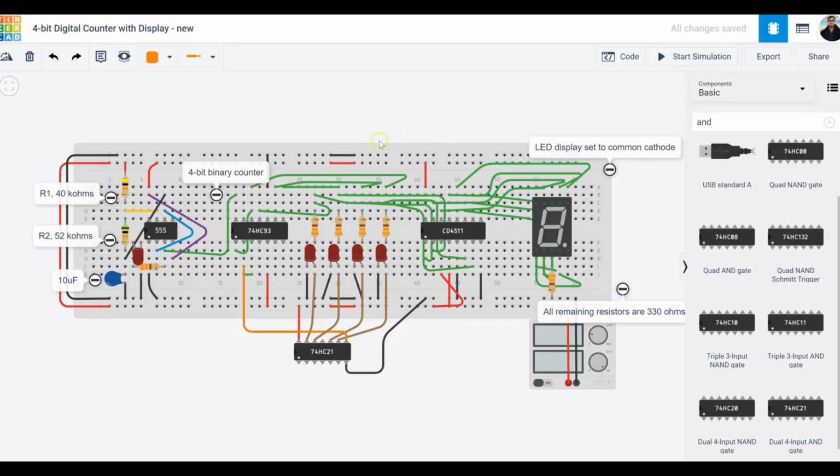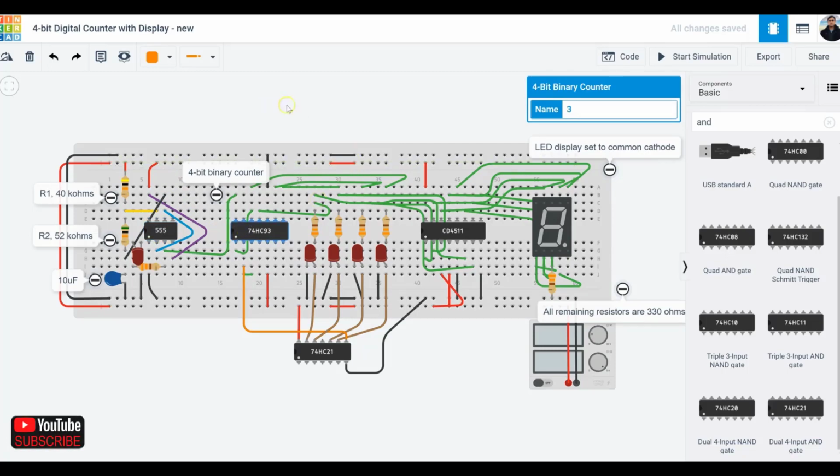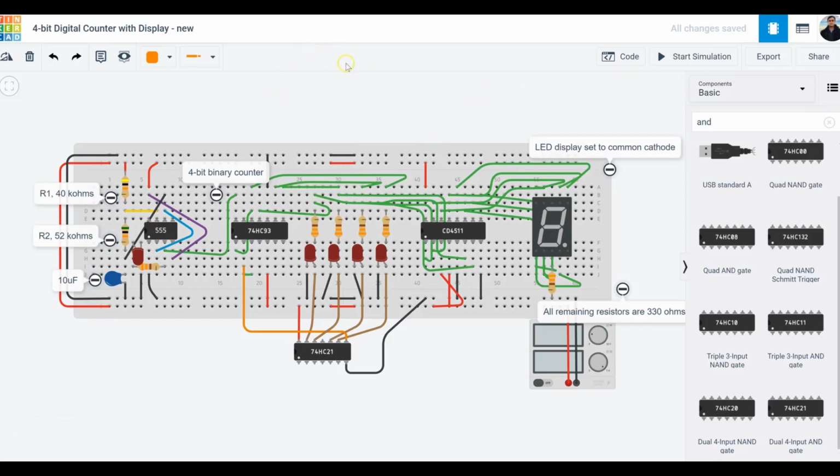And lastly, if you want to figure out if you have exactly a 1 second timer fed into the binary counter, we can match the number with the simulation number that appears over here. Let's do that. Start simulation. 0, 1, 2, 3, 4.